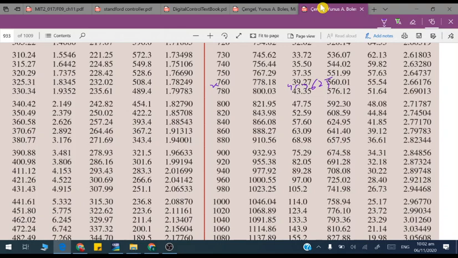So what we do, we take x minus 760 divided by 780 minus 760. We subtract the first term from x as well as from the second, the same pattern we have to follow here. So 41.3625 minus 39.27, the first term, divided by 43.35 minus 39.27. So you can calculate x here.